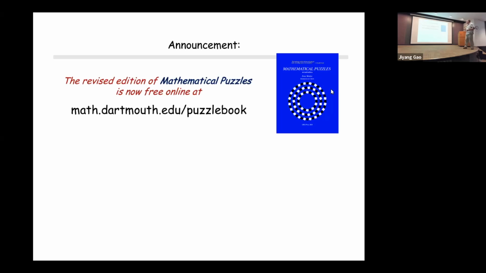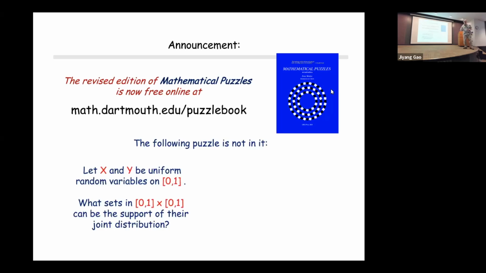Okay, and in this book you will not find the following puzzle. Let X and Y be random variables that are uniformly random on the unit interval. It's as simple as continuous random variables get. And I want to know what sets in the unit square can be the support of their joint distribution. So here's the square.